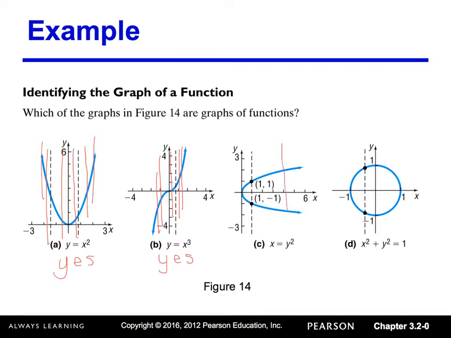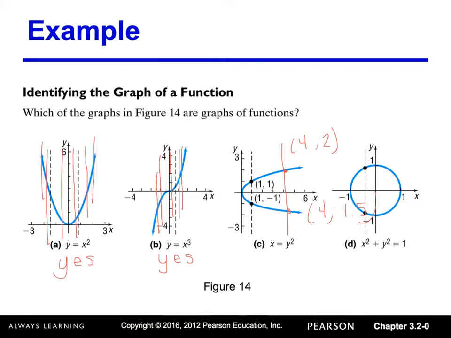But in C, I can see if I pass, for instance, this vertical line through that graph, it has 2 points of intersection. So those x coordinates are both about 4, but the y coordinate on top is about 2, and the y coordinate on bottom might be about -1.5.